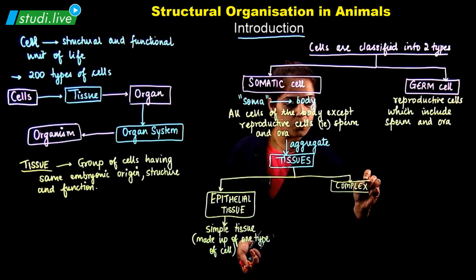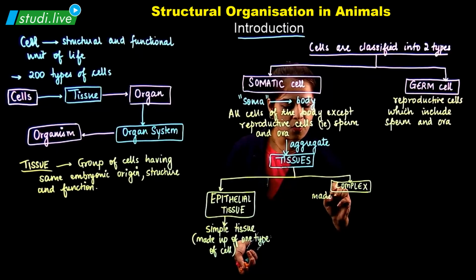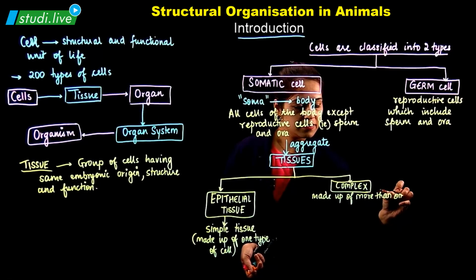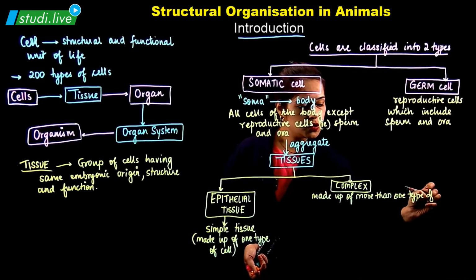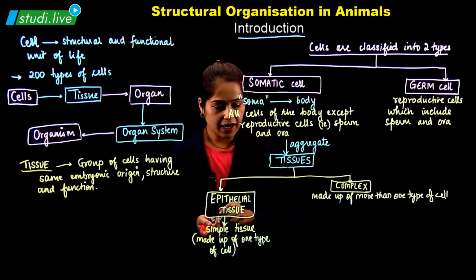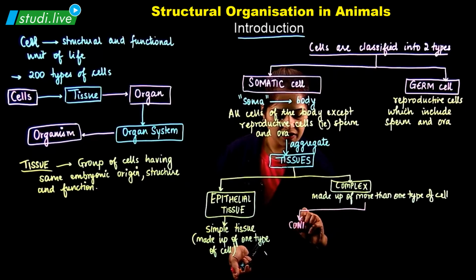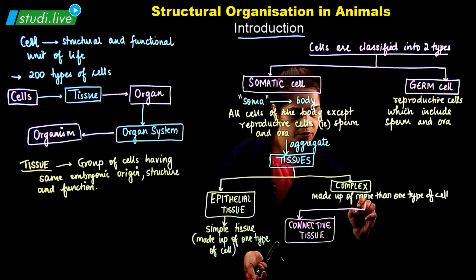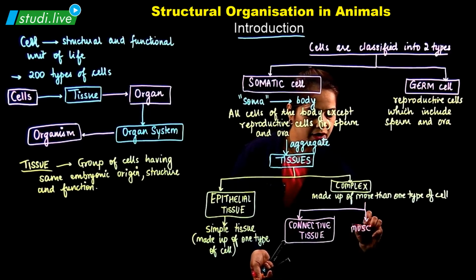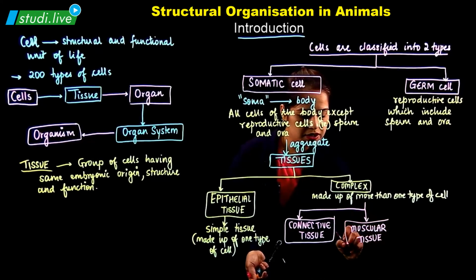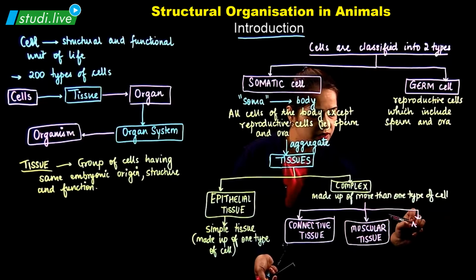In the complex tissues, we have the connective tissue, the muscular tissue and the nervous tissue.